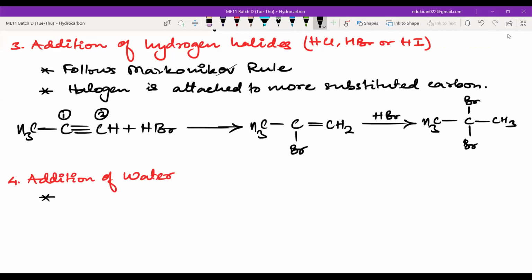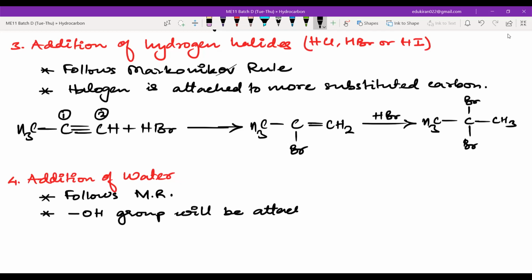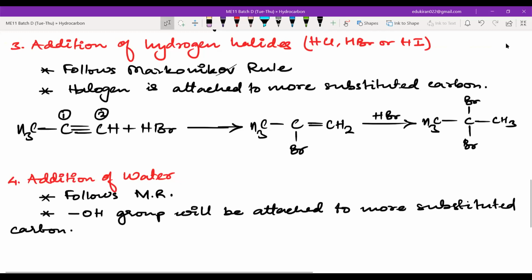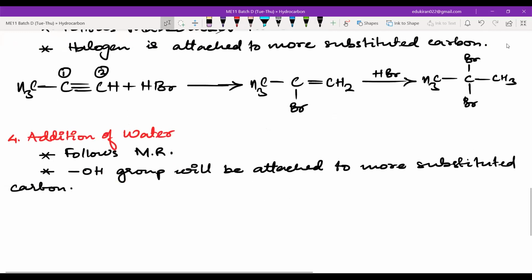This also follows Markovnikov's rule, and that means in this case, the OH group will be attached to the more substituted carbon. So in this example also, I'm going to take propyne, CH3 single bond C.